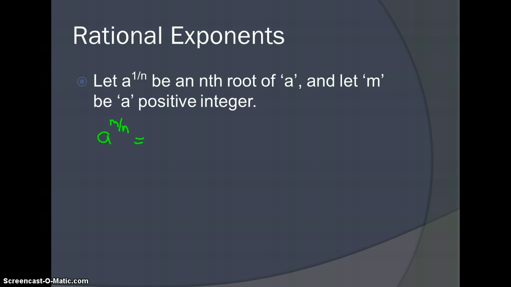This is equal to, and this is how we'll simplify a lot of these, a to the 1 over n. We'll take the nth root of a, and then we'll raise it to the m power. So what we're doing there is essentially using the power to a power property of exponents and factoring out the m.